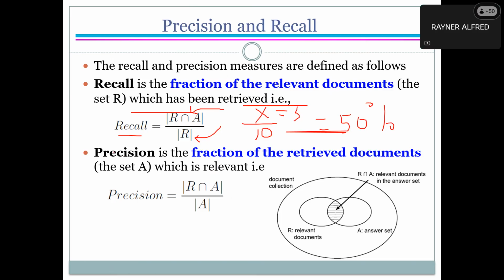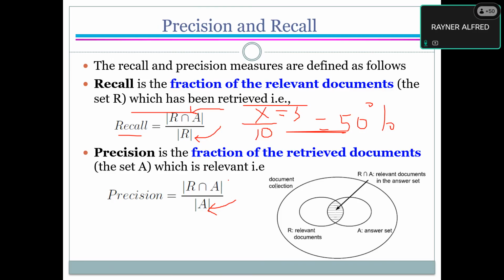Okay, and the second one is precision. So precision is the fraction of retrieved documents which is relevant. So this one we look at here, the denominator. So this one we want to know how many portions of the answer are relevant.